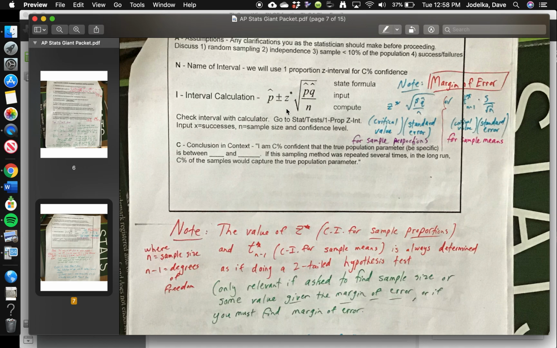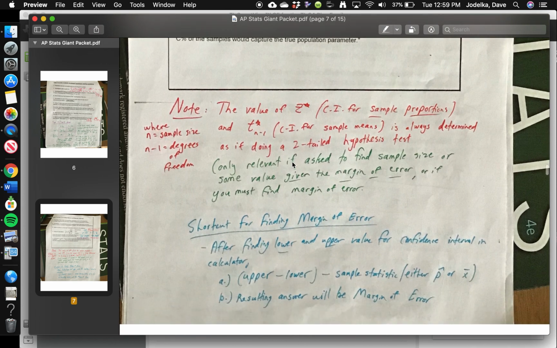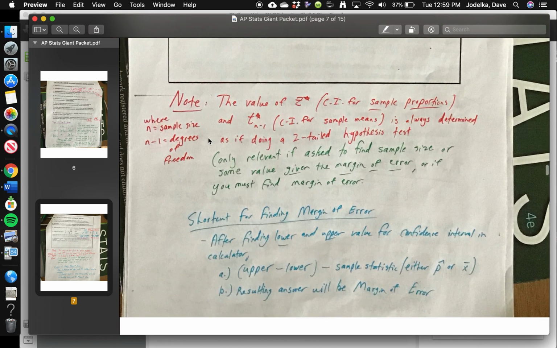So you'd be setting this second chunk here, the critical value and the standard error, equal to a margin of error and solving. That was something we saw in word problems a lot. And where that could be tricky is the calculator doesn't have that as a shortcut. So what I mentioned here is the value of z star or t star is always determined as if you're doing a two-tailed hypothesis test.